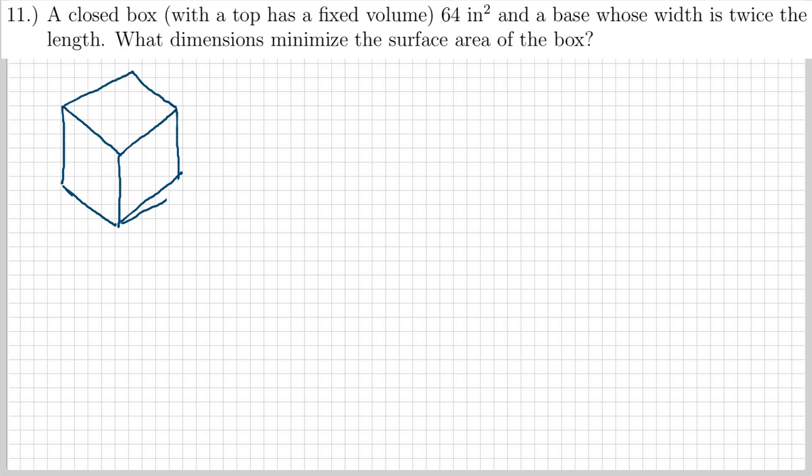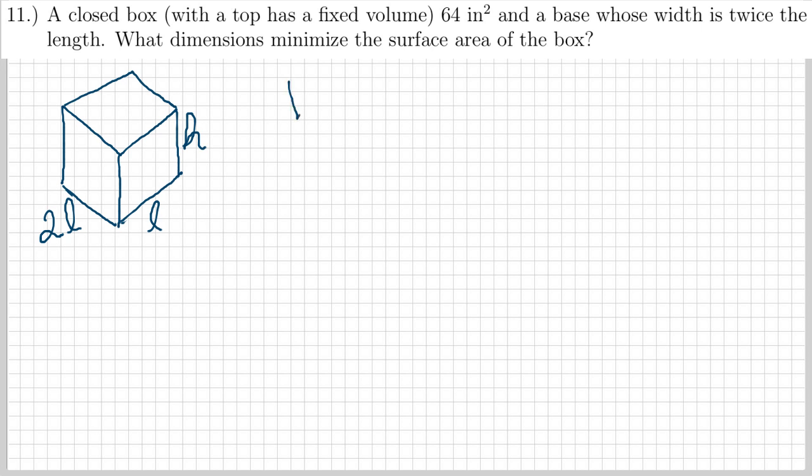Alright, so here is the box, and I maintain that that is by far the hardest part of this problem. So one side of the base is twice the length of the other. So I'll call this 2L and this L. And then I also have a height.